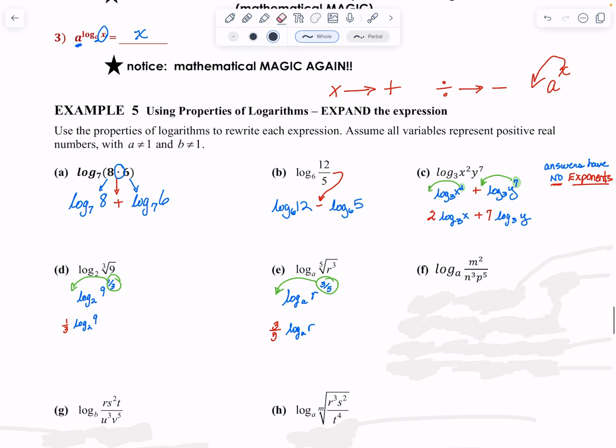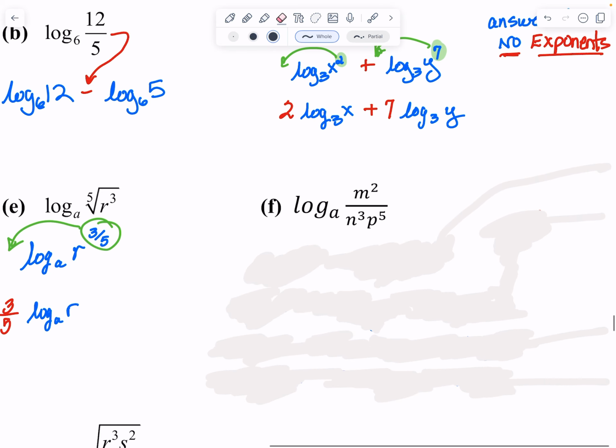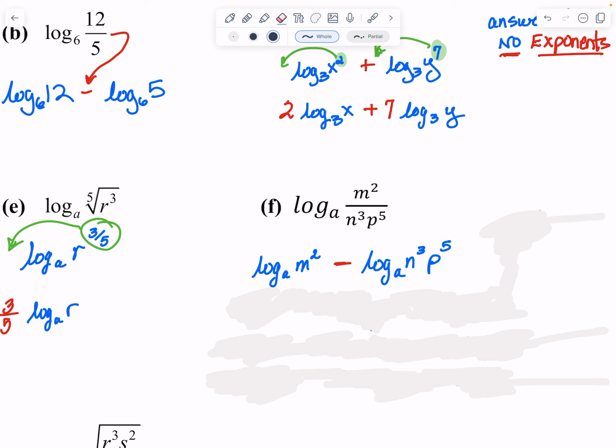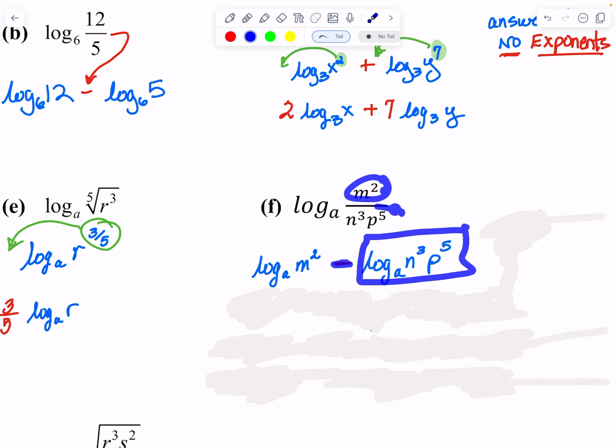And then in F, notice that I have some division in there. I've got division and I have multiplication. So I'm going to start with my division. So I'm going to write log base A of m to the 2nd. And I'm going to subtract this guy. Okay, this on the bottom, log base A of n to the 3rd, p to the 5th.